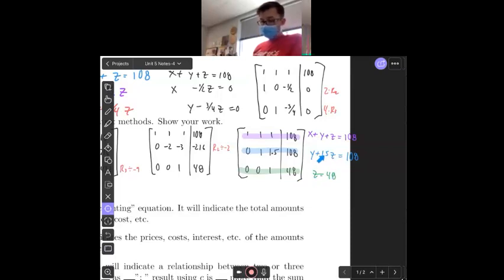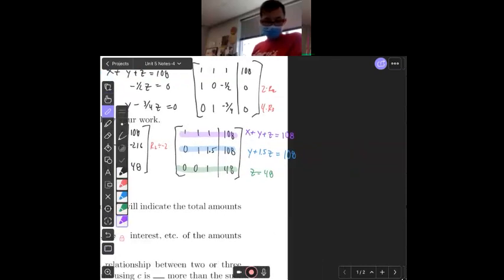So 1.5 times 48, well, half of 48 is 24. So 48 plus 24 would be 72. So what would we add to 72 to get 108? What number plus 72 is 108? 36, okay, so y must be 36.